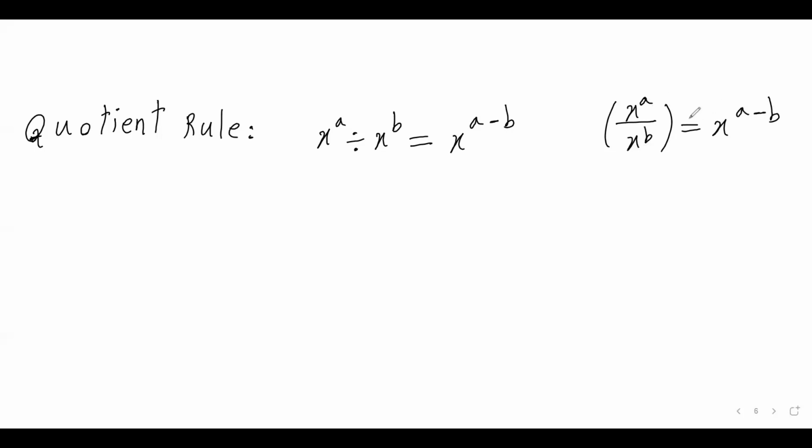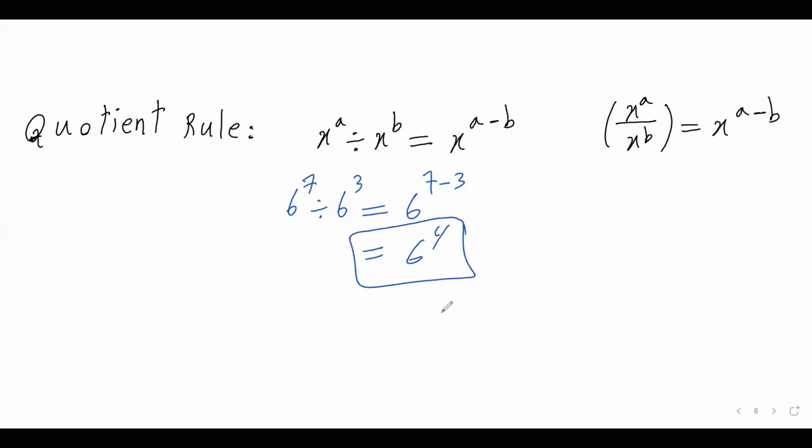Let's do examples. Say I have this one, 6 to the power of 7 divided by 6 to the power of 3. So the bases are the same. I write down one of the bases, and then I just subtract the exponents, 7 minus 3. This is equal to 6 to the power of 7 minus 3, which is 4.